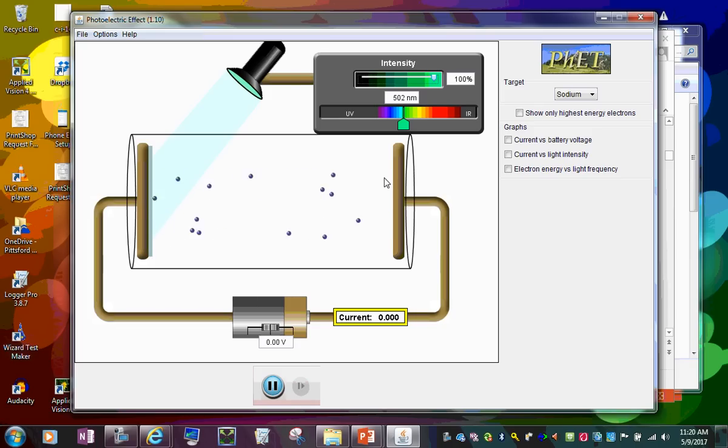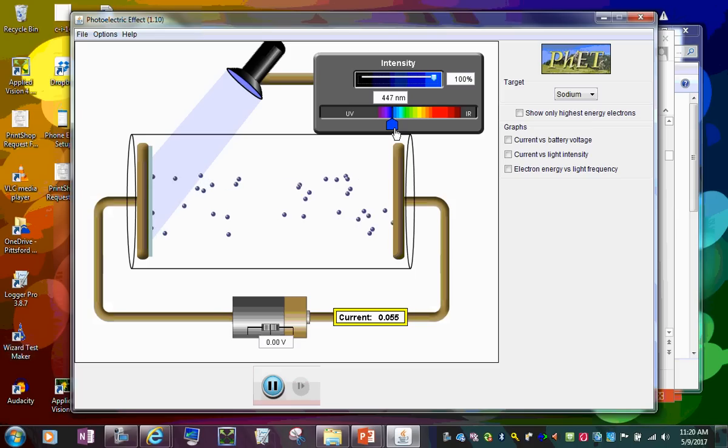If I keep increasing the frequency, the photons are hitting this piece of metal with more energy, making these electrons pop off with a greater speed, or more kinetic energy. Because they have more kinetic energy, they're moving faster. In terms of current, you get a larger current.